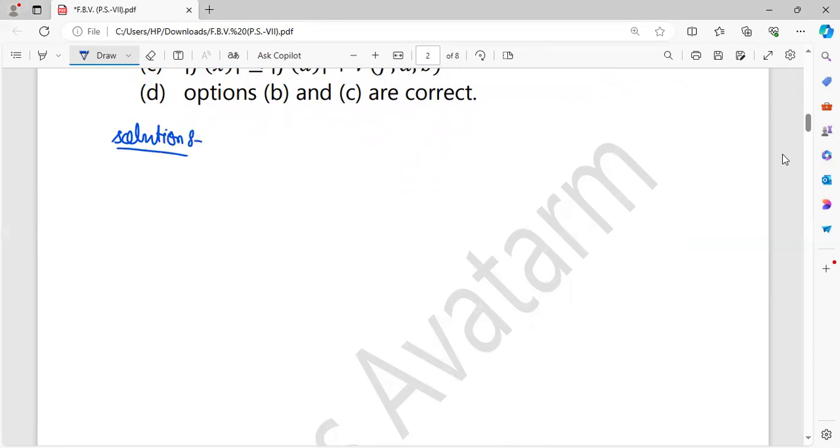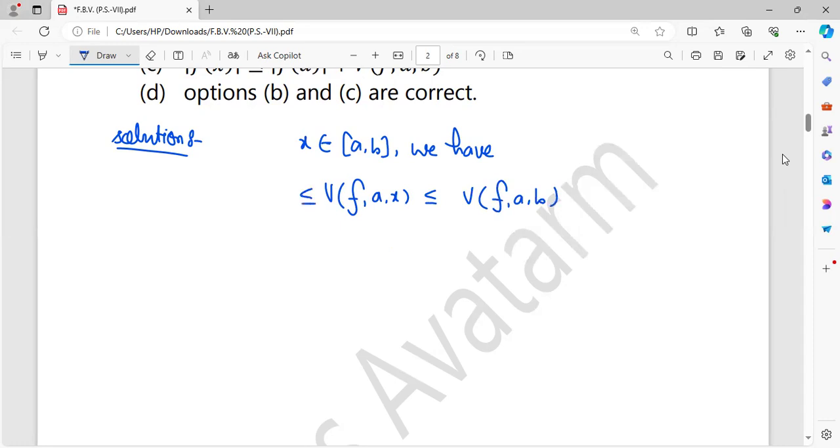We have that you take any x belongs to closed interval [a, b]. Then we have Vf(a,x) is always less than Vf(a,b), and |f(x) - f(a)| is always less than or equal to Vf(a,x).